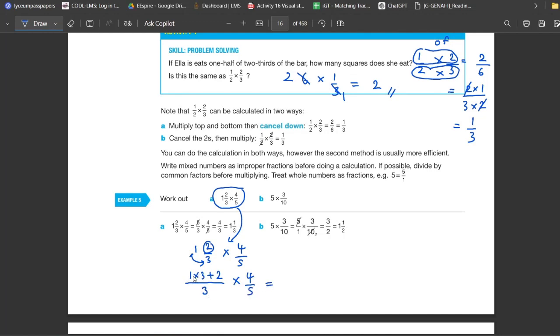So this gives us 1 times 3 is 3 plus 2 is 5. 5 over 3 times 4 over 5. These two cancel out, so we are left with 4 over 3. So we can turn this into a mixed number. How many 3's are there in 4? 1. So we are left with 1 and 1 over 3. So that's the answer.